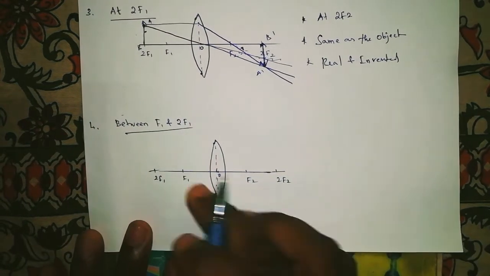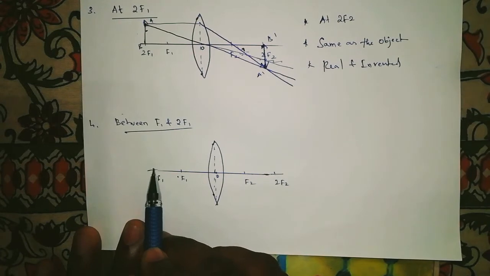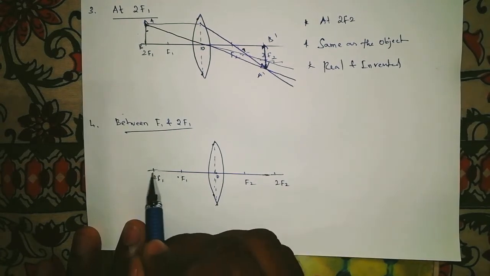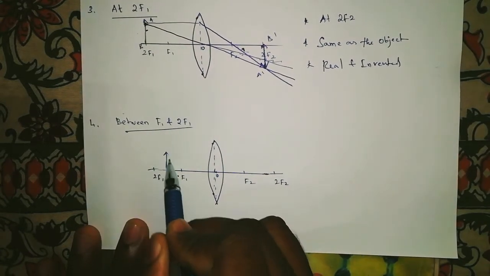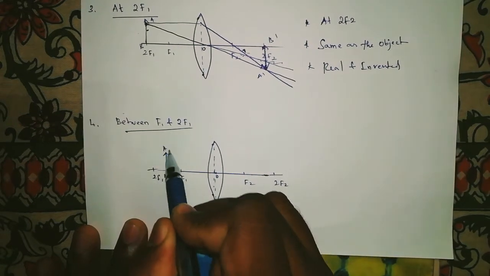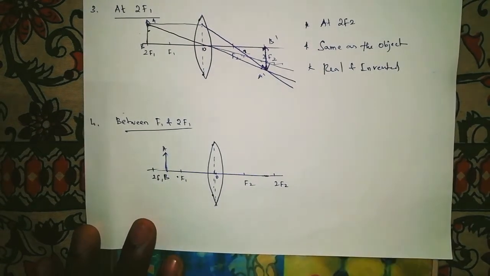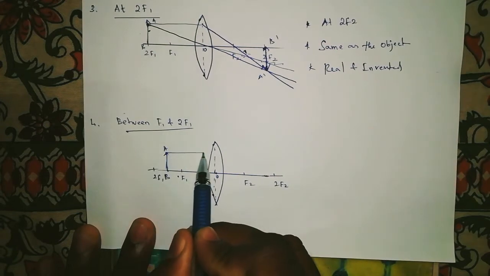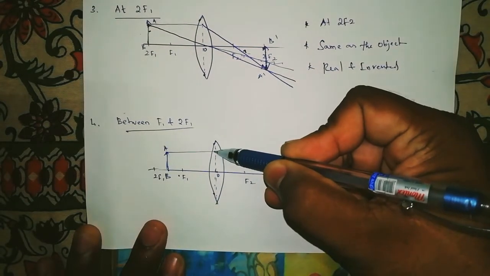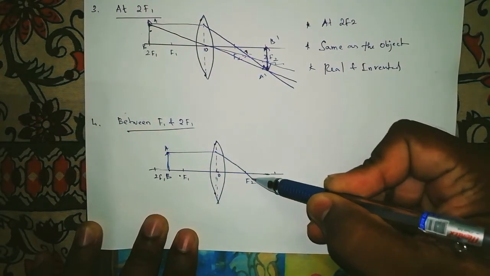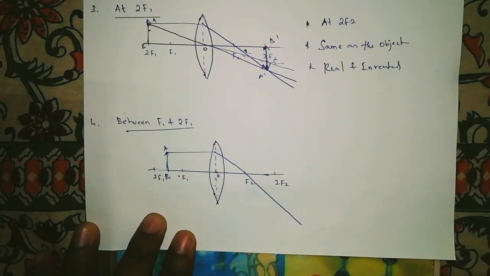Between F1 and 2F1. Okay, let's see that between F1 and 2F1, this may be the object. So we write it as A and B. Same thing, I can say that a ray parallel to the principal axis goes towards the focus.